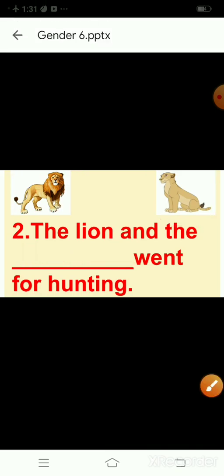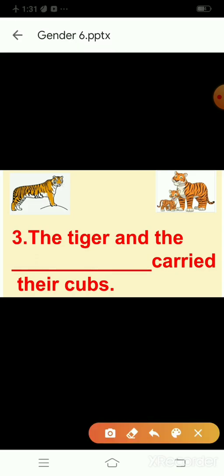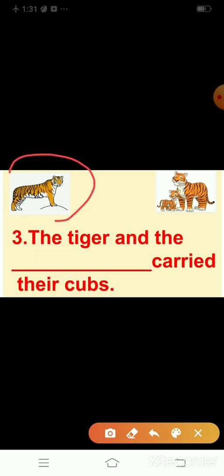Let's see the next sentence. The tiger and the dash carried their cubs. So, tiger is a masculine gender. So, what is the feminine gender for tiger? Correct, tigress. Let us write down the spelling.